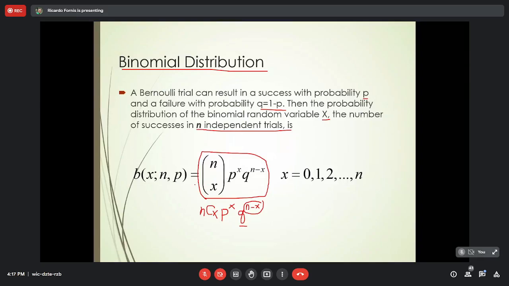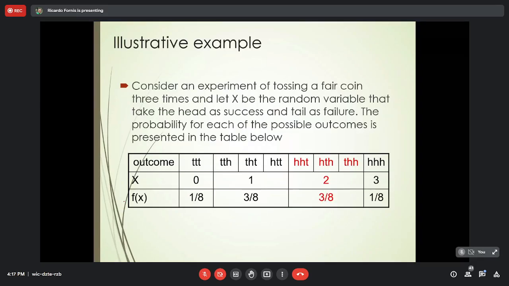Anyway, that's binomial, no? And let me illustrate the binomial distribution as follows. If you consider an experiment which is tossing a fair coin 3 times, and you consider head as the success, tail is failure because there are only 2 outcomes if you toss a coin, head or tail.